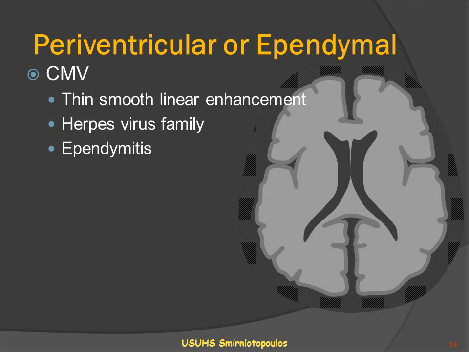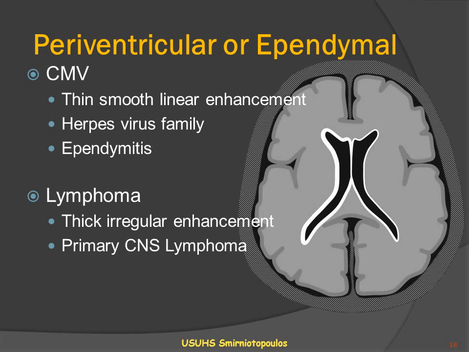Other periventricular lesions include cytomegalovirus, CMV, which typically gives you a very thin line of periventricular enhancement by producing an inflammation of the ependyma itself, an ependymitis. In contrast, CNS lymphoma will give us a thick periventricular area of abnormality and enhancement, and oftentimes a very irregular rind around the ventricles.